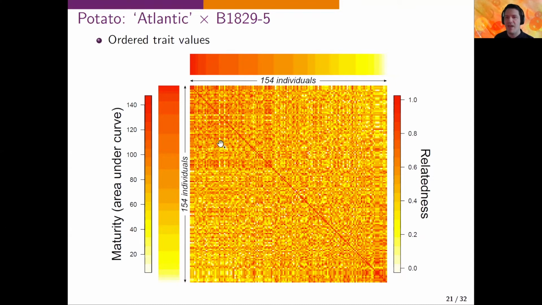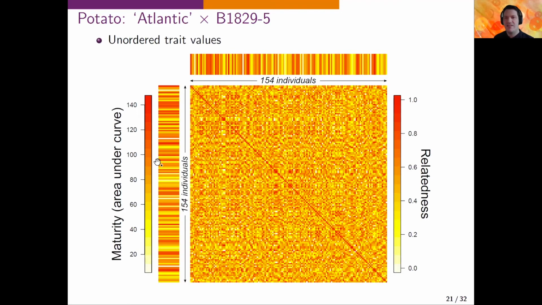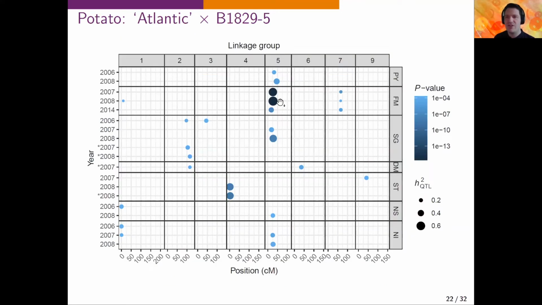This kind of behavior actually shows that there is a QTL here, or an association between genotype and phenotype, right? So in fact, this is the QTL peak location of a major QTL for foliage maturity on linkage group 5. And all details on these analyses can be found in the preprint I mentioned earlier.